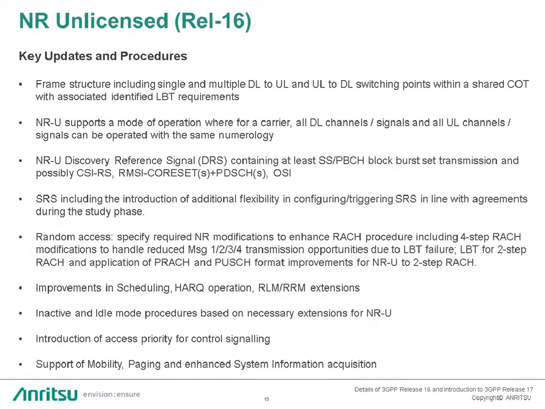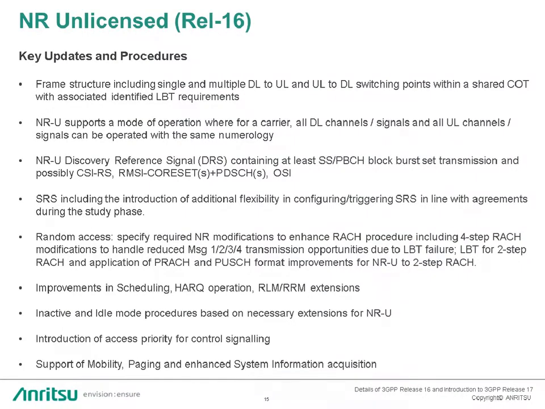So also, NR unlicensed can support a mode of operation where for a carrier all DL channel signals and all UL channel signals can be operated with the same numerology.